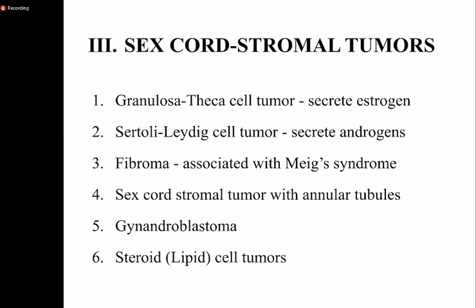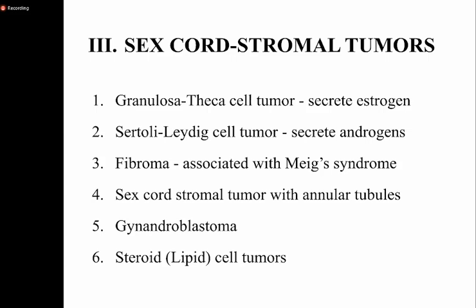Now we'll go to the third group of tumors, called stromal tumors. And as we saw in that table, they include the granulosa-theca cell tumors that may be functional tumors if they secrete estrogen. Sertoli-Leydig cell tumors generally secrete androgen when they are active.